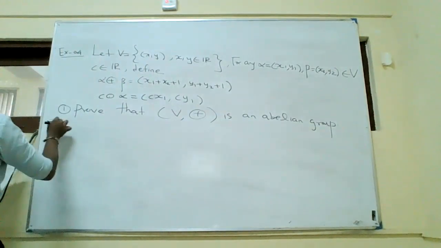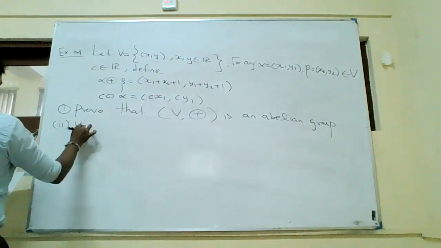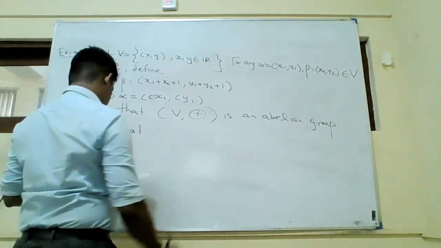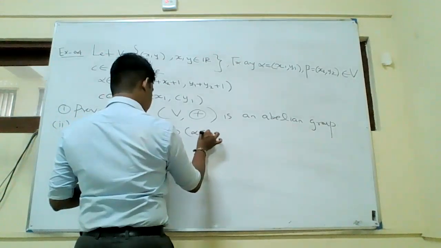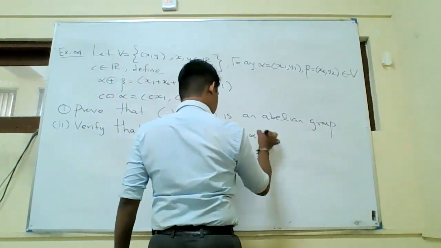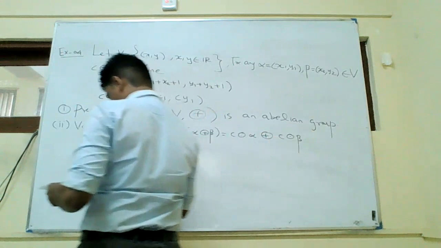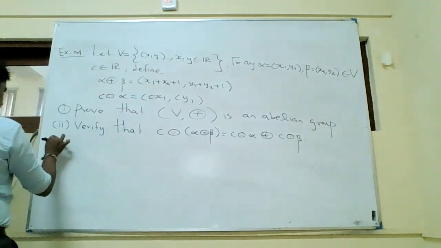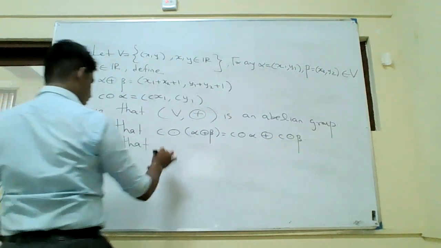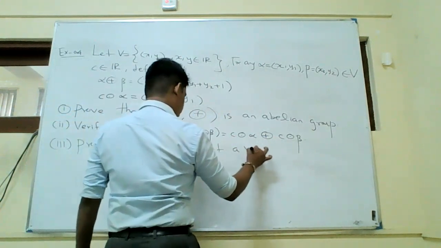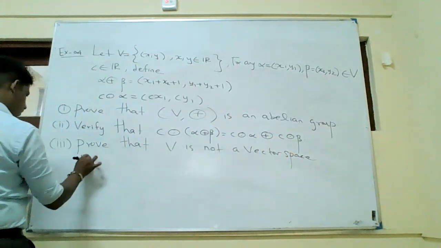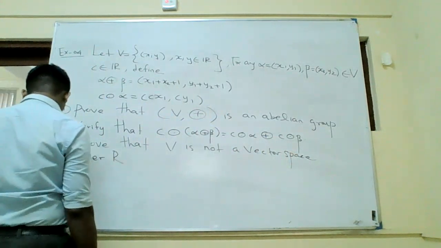Next one, verify that... Third question, prove that B is not a vector space over R under the above two operations.